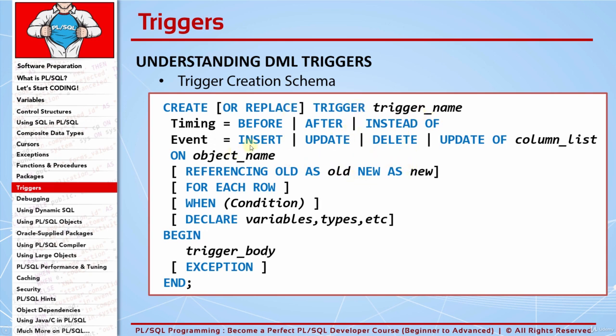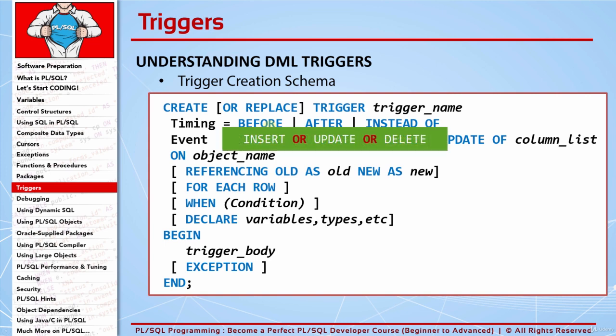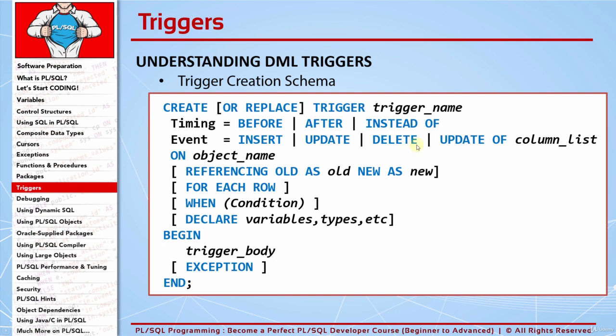But you can select more than one with the same trigger. I mean, you can say to your trigger to execute when any update or delete or insert happens. If we want to select multiple, add an or keyword between them. So we can select one of them or two or three of them, but we cannot select update and update of events together in one trigger.